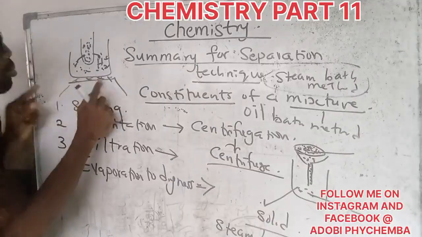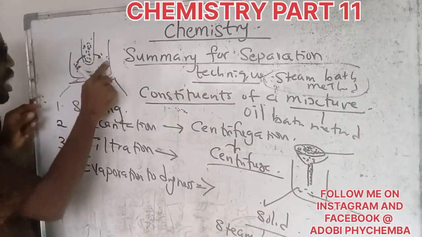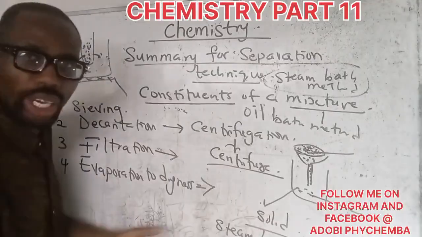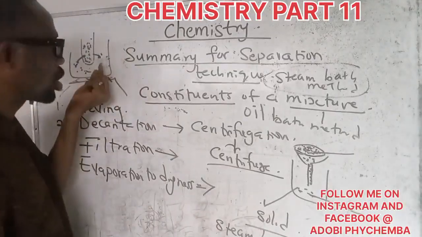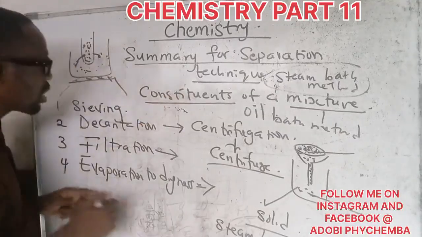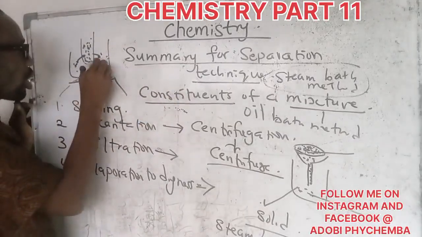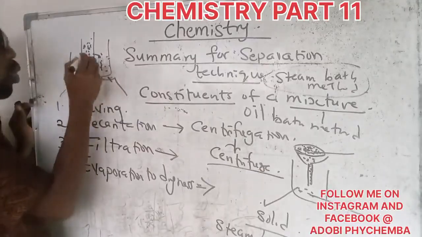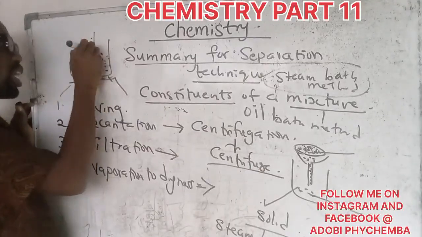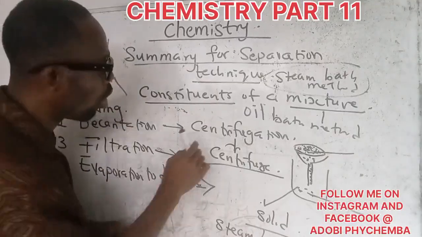Are you getting it now? So if the liquid used is water, it is called the steam bath method. But if the liquid used is oil, when the oil is boiling, it hits the test tube. We call it the oil bath method.